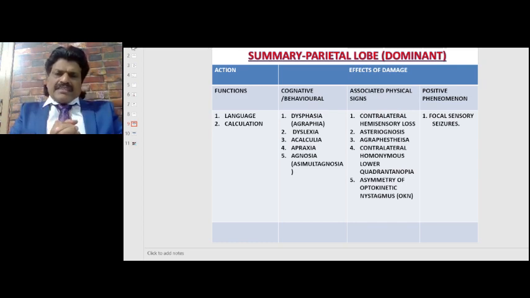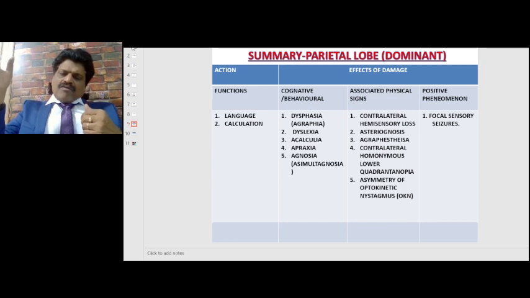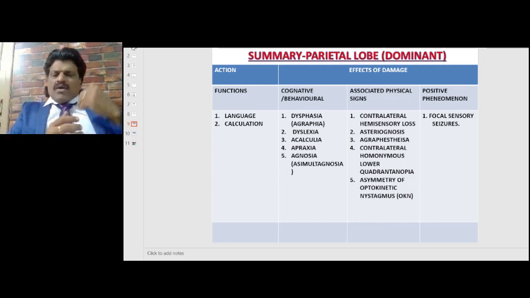The associated physical signs because of the effects of damage are contralateral hemisensory loss, especially they'll have the cortical sensations being lost, that is graphesthesia, stereognosis, 2-point discrimination, and tactile localization, that is astereognosis, agraphesthesia. They'll have contralateral homonymous inferior quadrantanopia, and they have asymmetry of the optokinetic nystagmus because the saccadic pathway comes from the frontal eye fields area number 8 to the PPRF, whereas the pursuit pathway comes from the same parietal lobe to the PPRF.